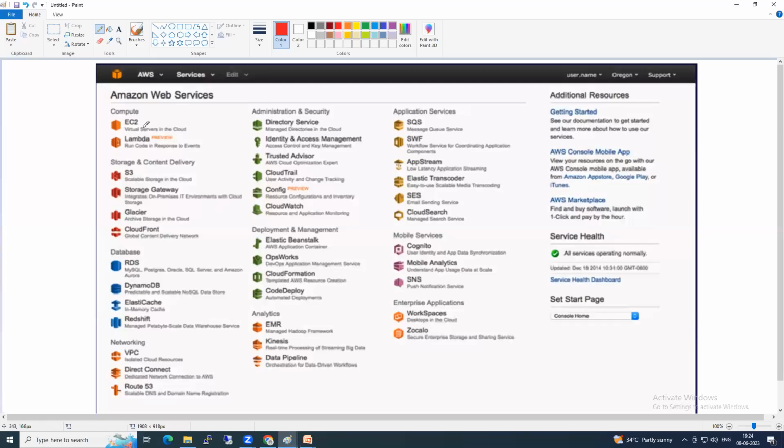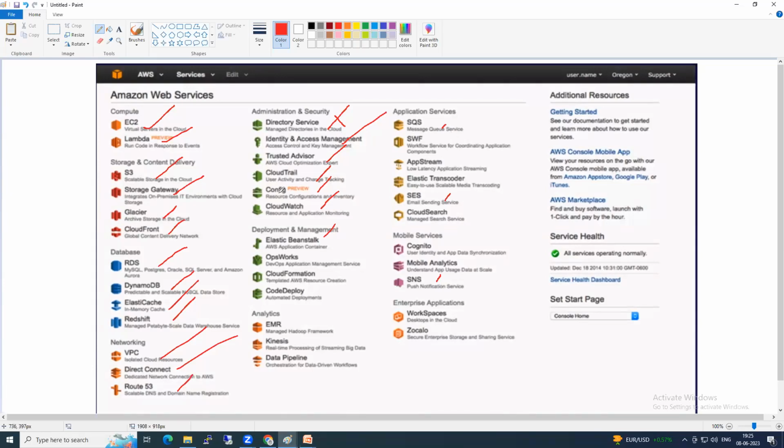EC2, Lambda, S3, Storage Gateway, Glacier, CloudFront, RDS, DynamoDB, ElastiCache, Redshift, VPC, Direct Connect, Route 53, Directory Services, IAM, Trusted Advisor, CloudTrail, Config, CloudWatch, Beanstalk. We have so many. SNS we have seen, and SQS is related to queues. We know most of the things. I was very happy: I know most of the services, I just need to learn three or four left, and I'm done with AWS. Super.